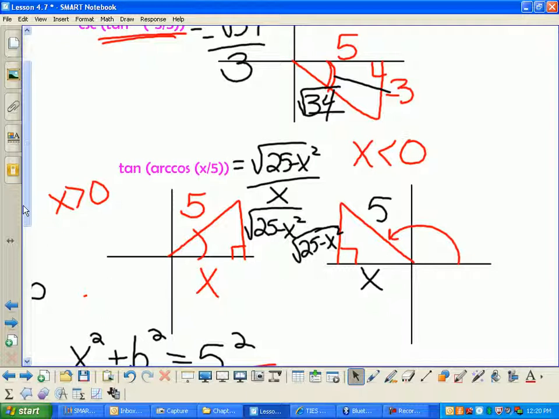Numbers 30 through 38, 39 through 47 odd, 48, 49, 51, 54, 57, 59, and 73.